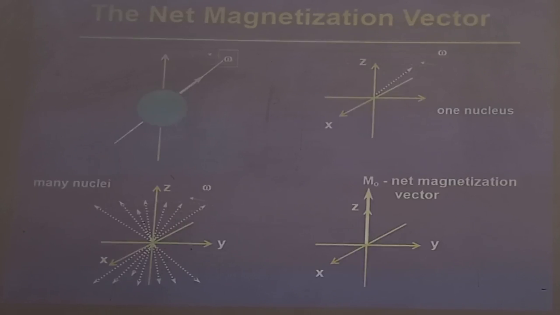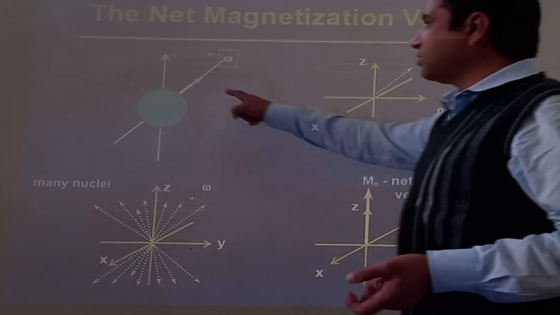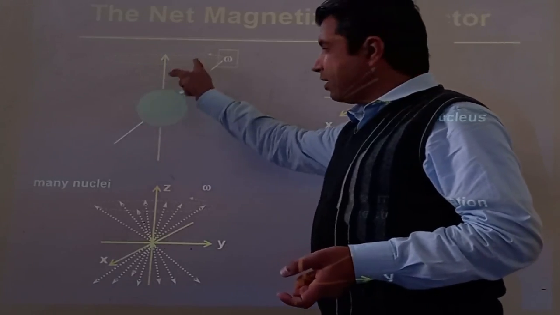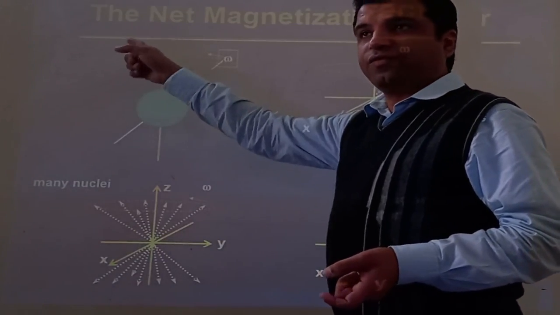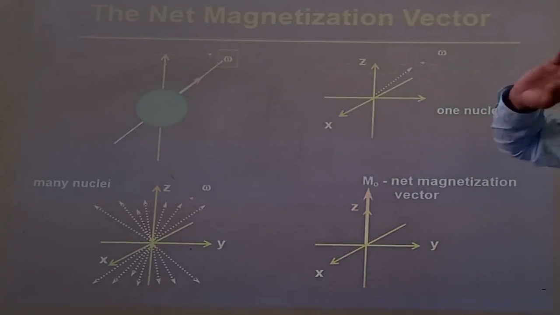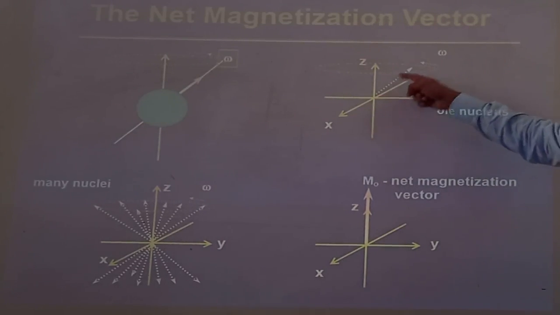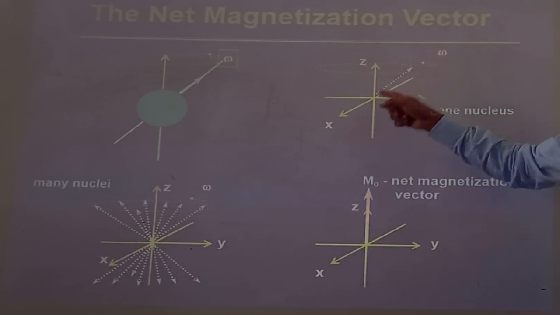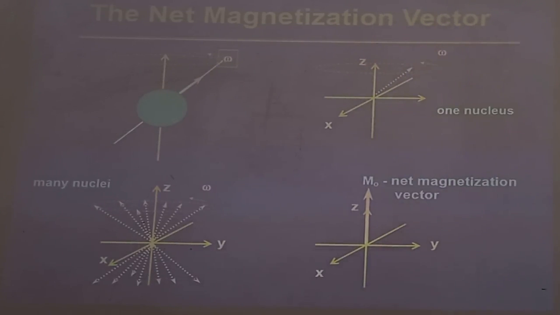So what should we do to see them as one unit? We have this one nucleus that is aligned along the direction of B naught, pointing up. You can represent this with the help of this vector. This white arrow shows one nucleus. But as I told you earlier, you do not have one nucleus. You have lots of nuclei.